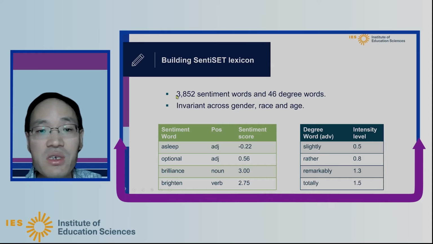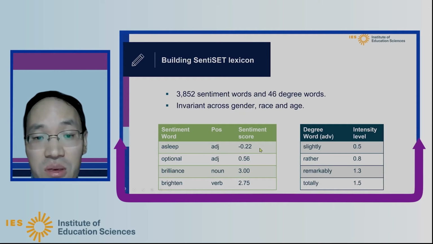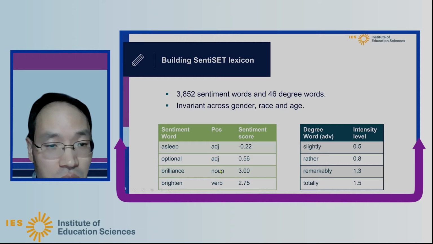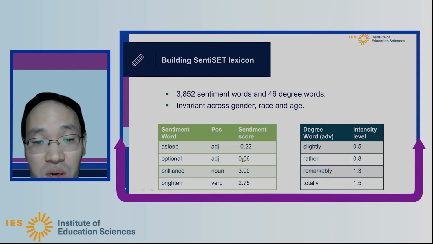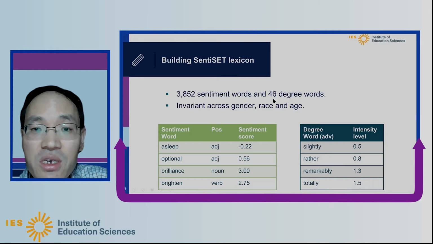Then we calculated the average sentiment score for each word. For example, asleep has a sentiment score of negative 0.22, but optional is 0.56. We also identified 46 degree words.